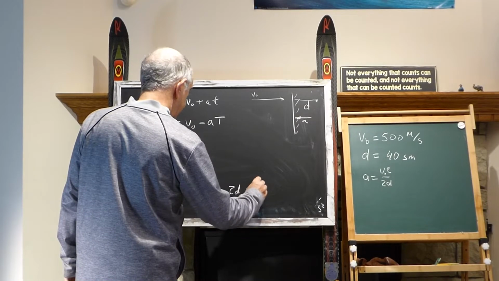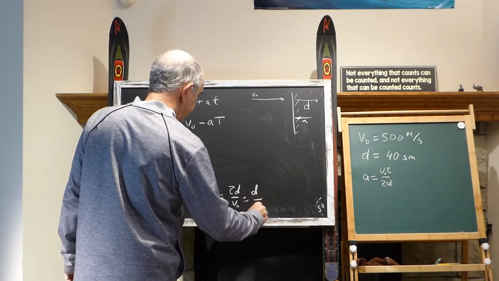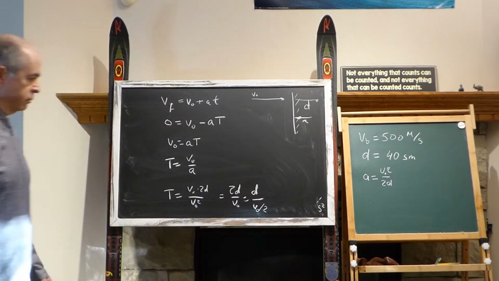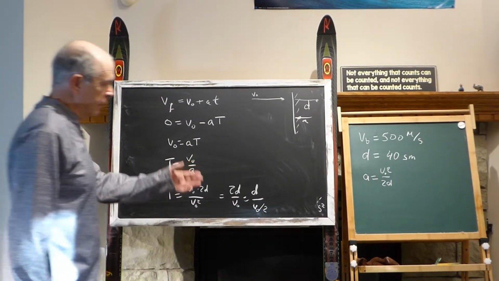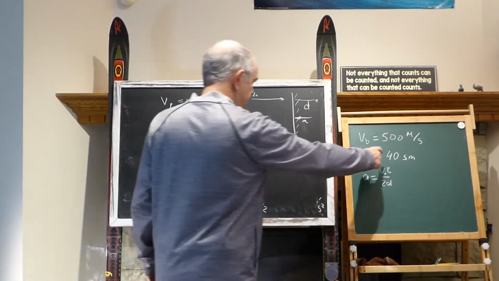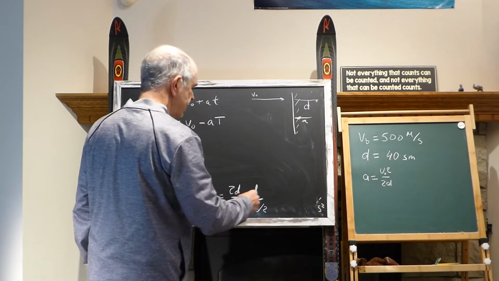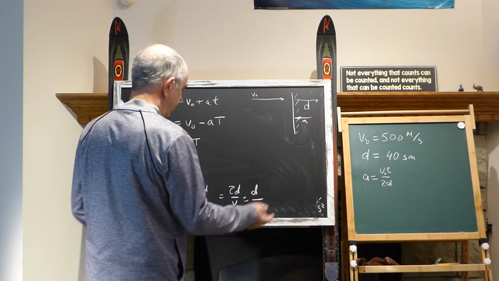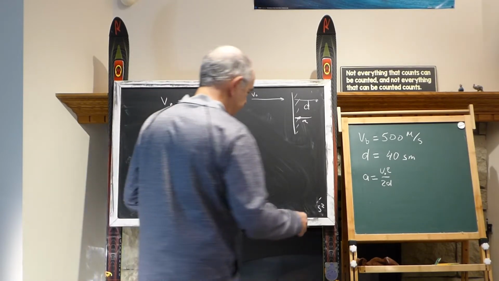Or it will be D over V0 half. And I can plug in D, 0.4 meters, and V0 over 2, and I can receive the time. It's very simple.